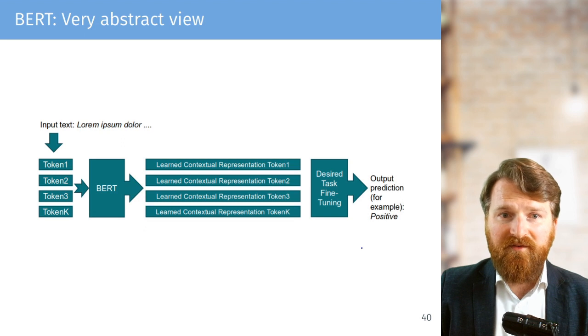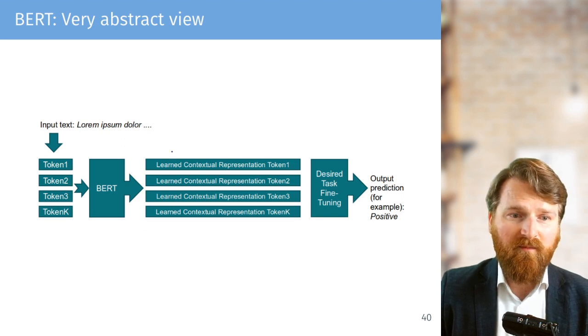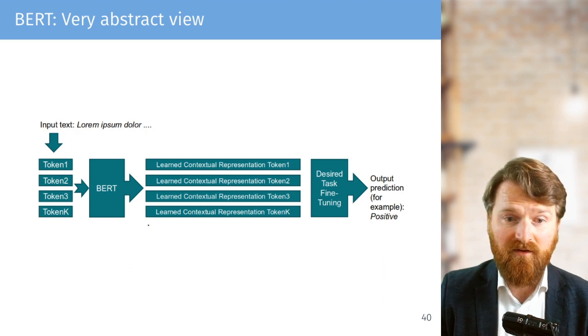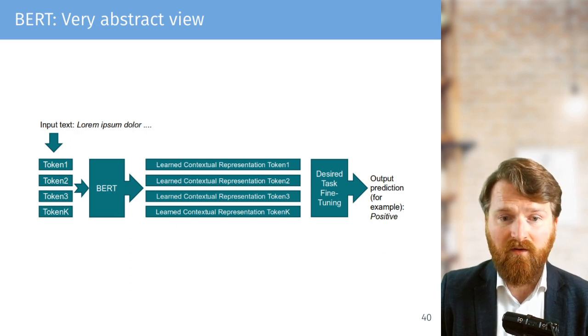So, a very abstract view on BERT. What is it? We have some input text, so it's a lorem ipsum dolor and so on, which is tokenized. Then there is BERT, some architecture, and it learns a contextual representation of each token.